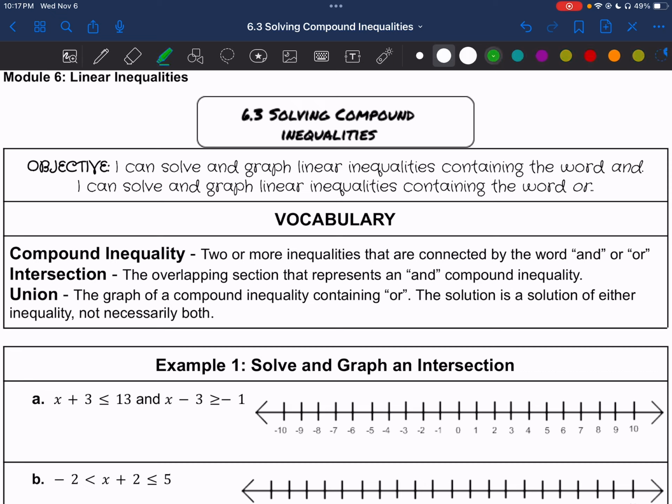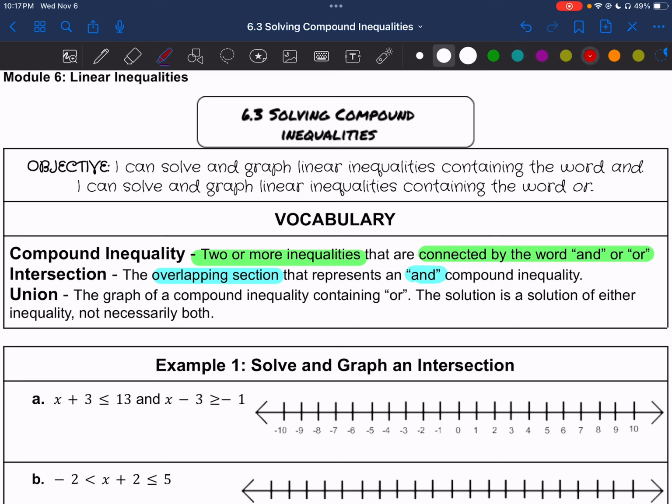So, when we look at this, a compound inequality is two or more inequalities that are connected by the words "and" or "or." An intersection is the overlapping section that represents an "and" compound inequality.